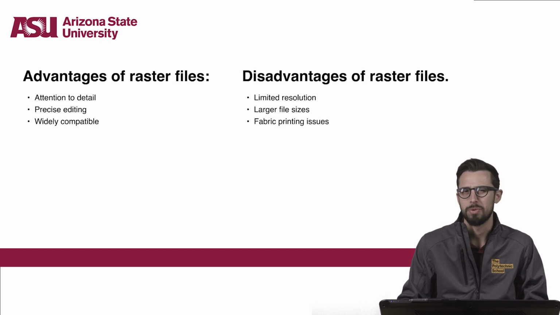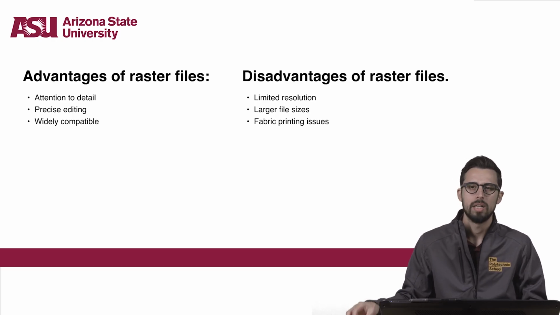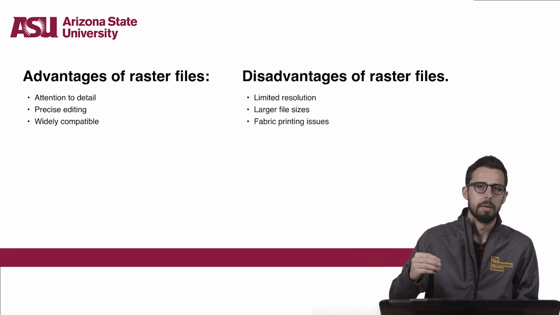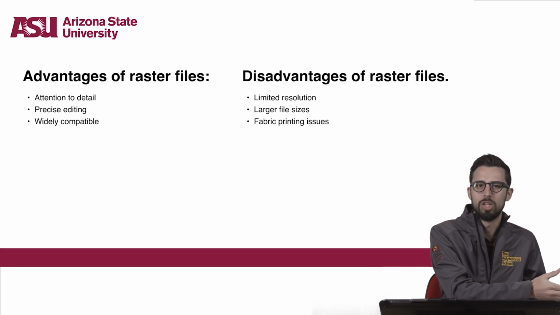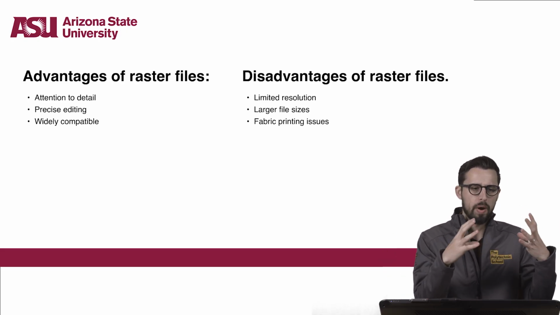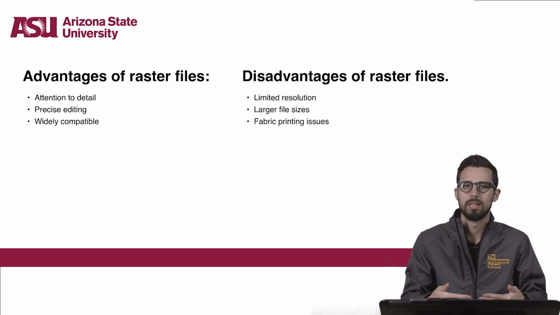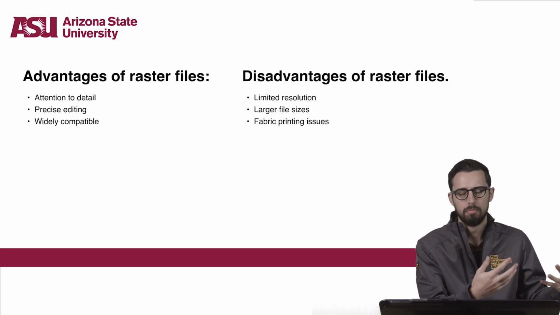Another issue, and this one's kind of niche, is that you can end up with some fabric printing issues. Although there are some solutions for that these days, the square pixels that make up raster images don't always translate very well to fabrics, clothing, or some dye-sublimated print types.